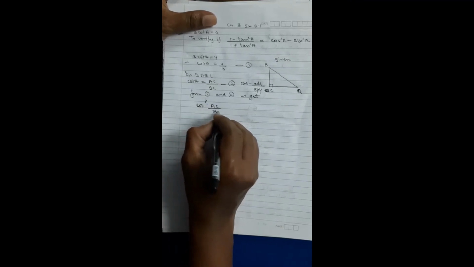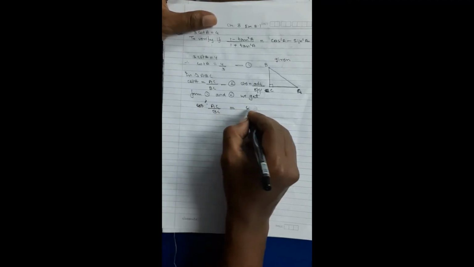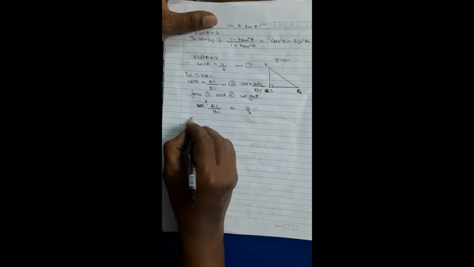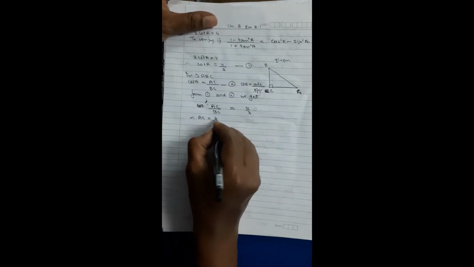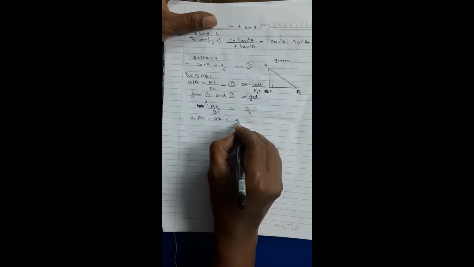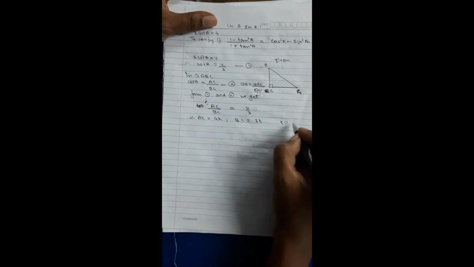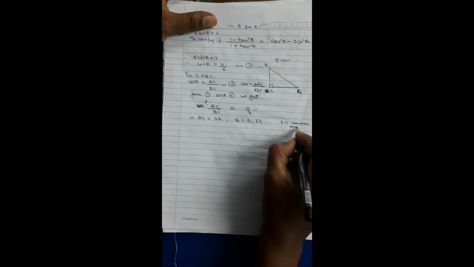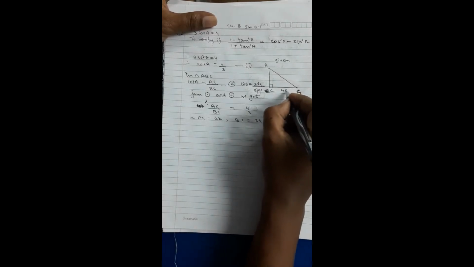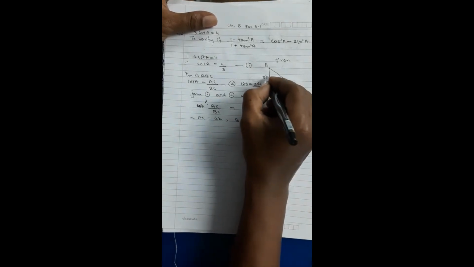AC upon BC is equal to 4 upon 3. Therefore AC is equal to 4K, BC is equal to 3K, where K is common multiple. AC is 4K, BC is 3K.